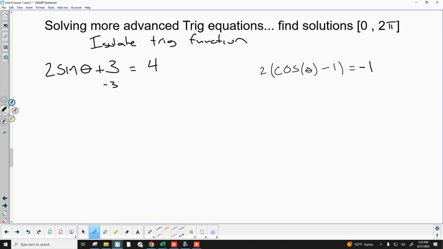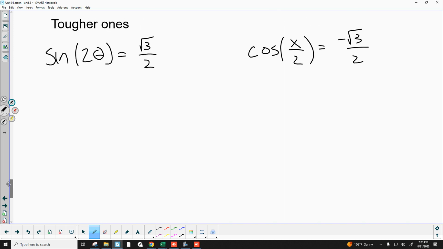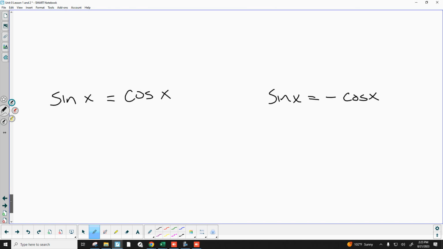Instead, get rid of the 3, get rid of the 2, and then find your angle. We won't spend time finding the angles. You'll get plenty of practice on that. Moving on. We're just going to do that one as one example.